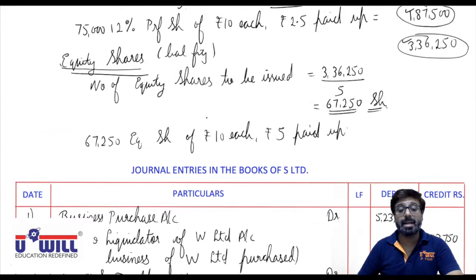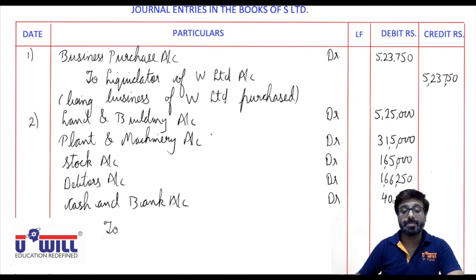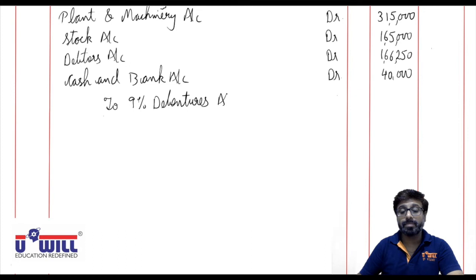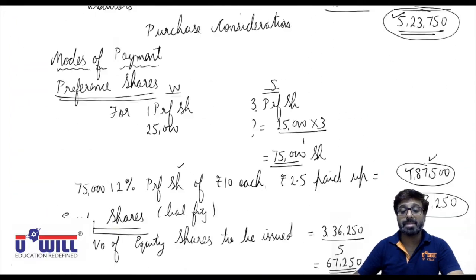To liabilities account we have to 9% debentures 3 lakhs. Then to unsecured loan 2 lakhs.